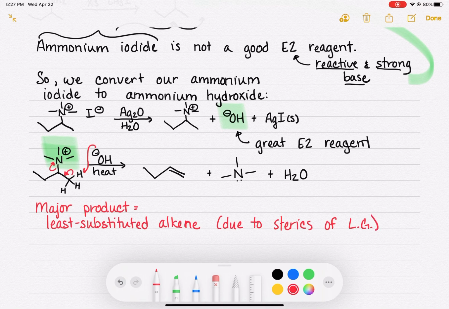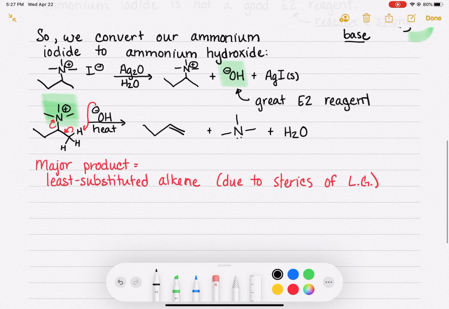But we will see minor product of the more substituted alkene. So in our reaction, it would be this guy. And then also, never forget cis and trans.